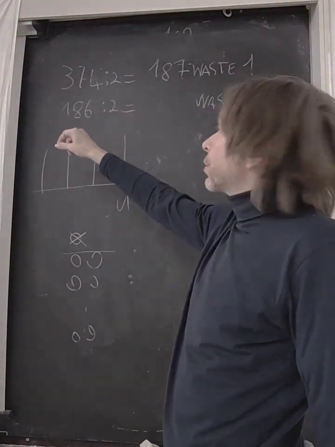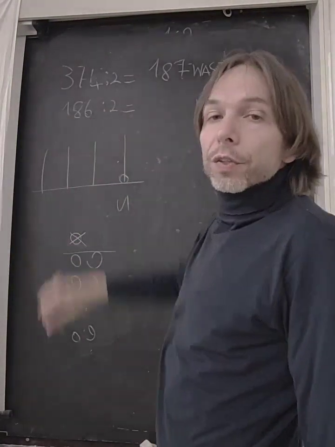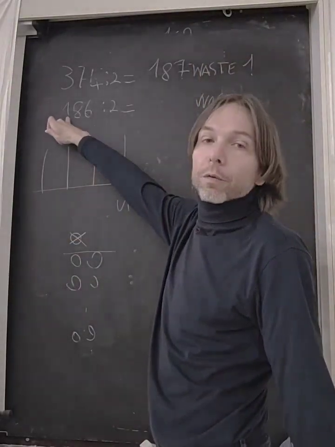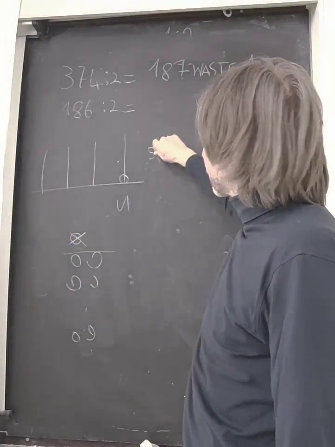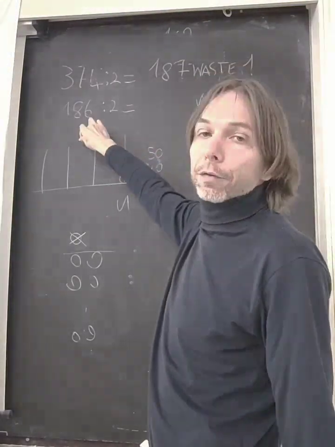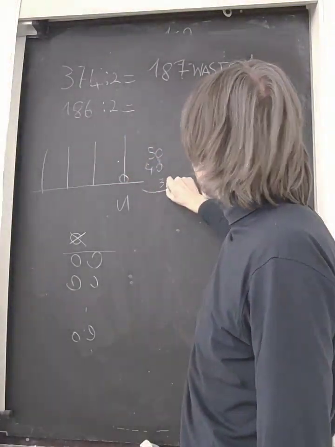How much is 186 divided by 2? The half of 100 is 50. The half of 80 is 40. The half of 6 is 3.